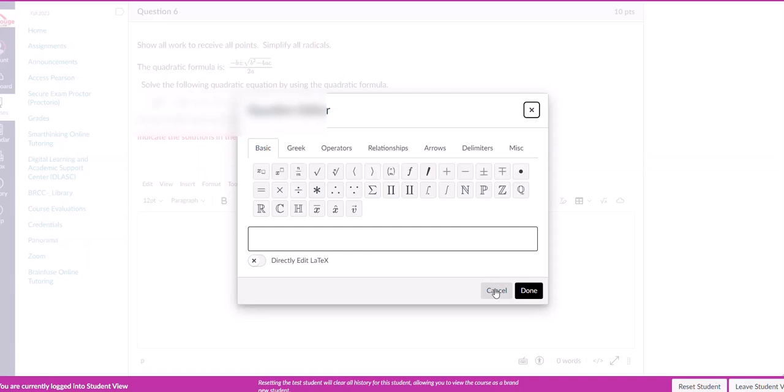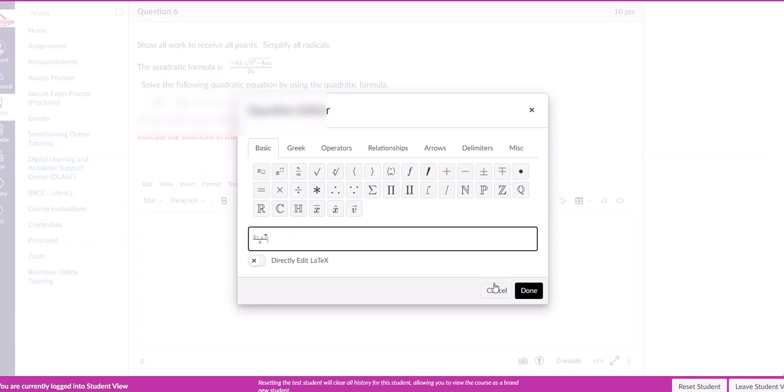So the square root button's this one right here, and you would have to remember that your answer could be a fraction, so you'd have to enter the fraction bar. Then you'd say something like 3 plus the square root of 7, let's say, divided by 6. I'm just making that up real quick.